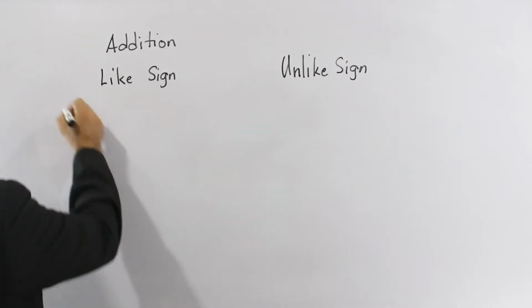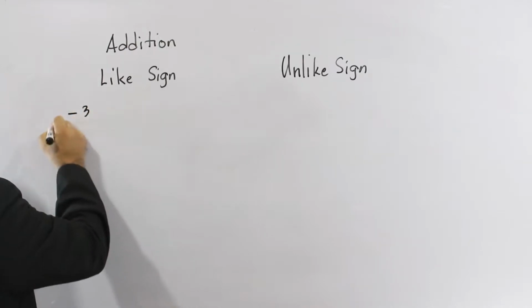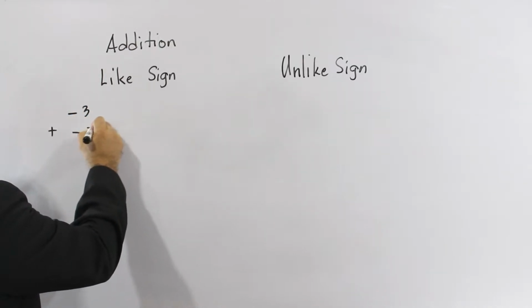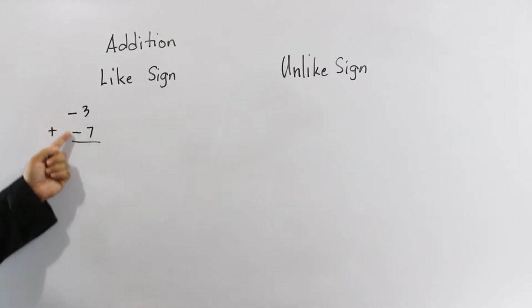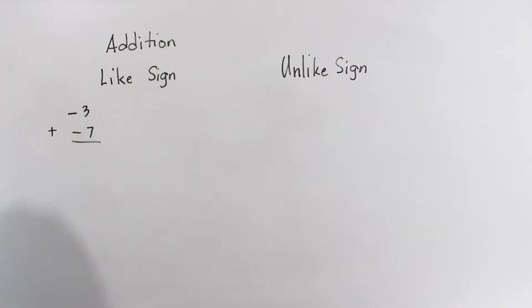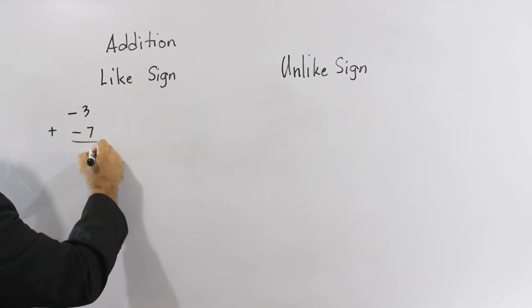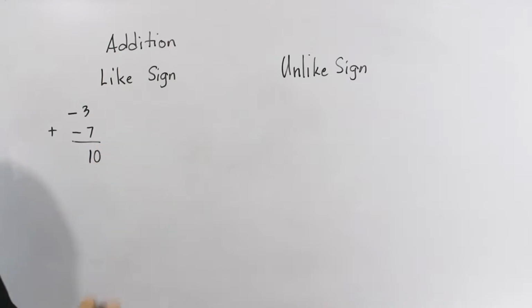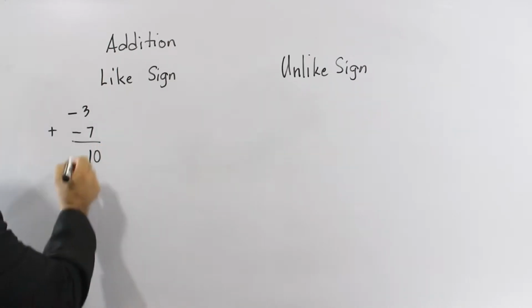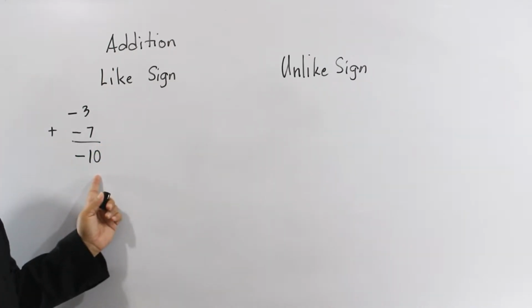Example, let's say we have negative 3 plus negative 7. You can see both of them are negative. That's why they are called like sign. Now, all we have to do is add these two numbers. 3 plus 7 will give us 10. And then we bring down the sign negative. And this is now our answer.